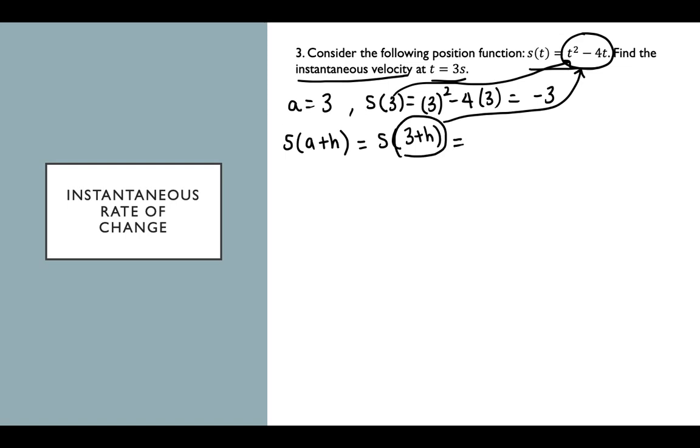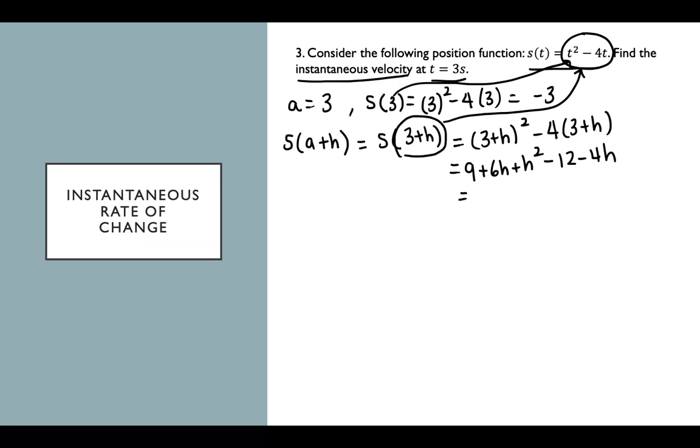So it's going to be (3 plus h) squared minus 4 times (3 plus h). Okay, so I will simplify. Using FOIL, 9 plus 6h plus h squared, minus 12 minus 4h. Collect the like terms.